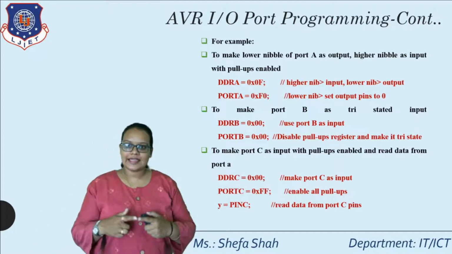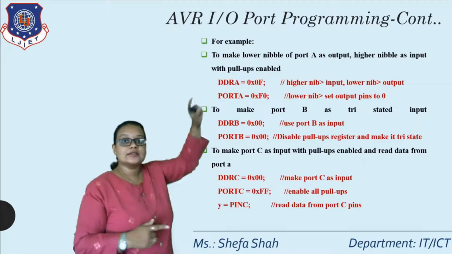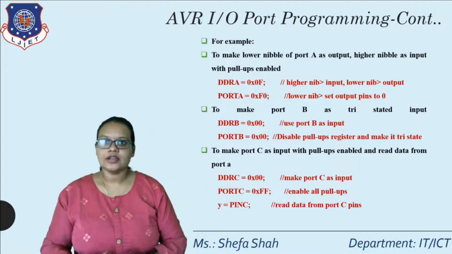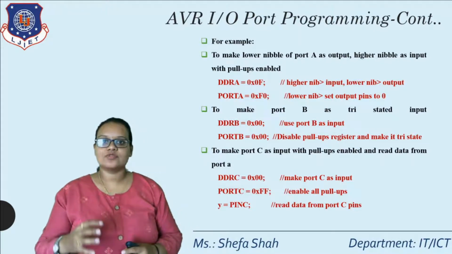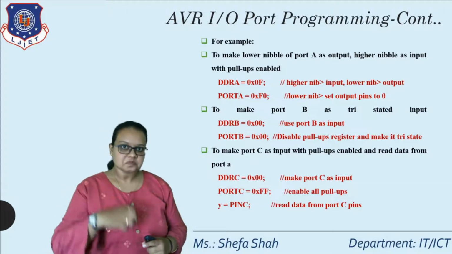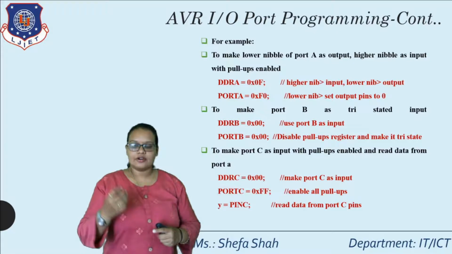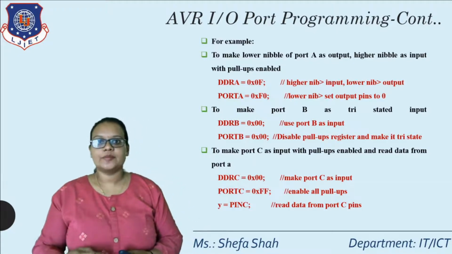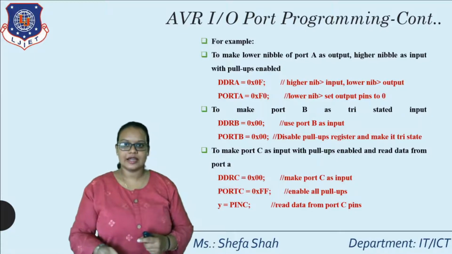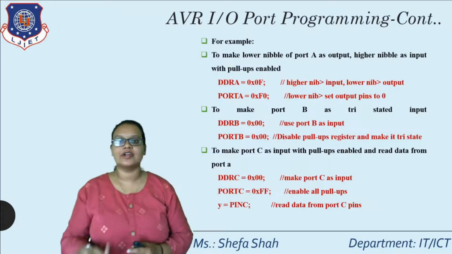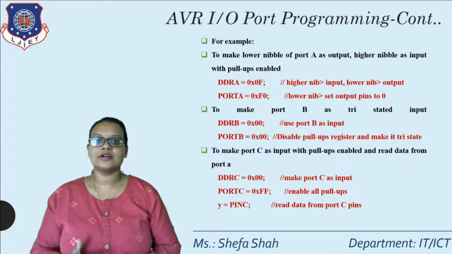So in the DDRA register, the data will be 0x0F. Clear? And then the data which we need to accept from the higher nibble of port A will be accepted, and then sent to the lower nibble of port A, which is the output.